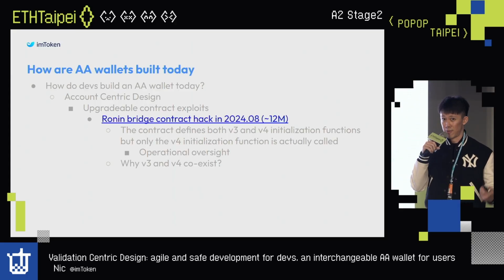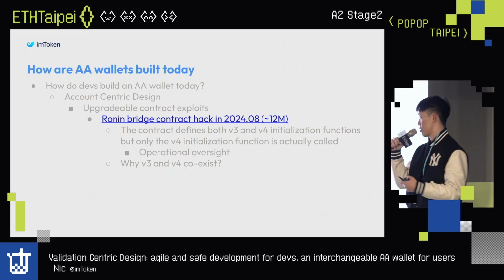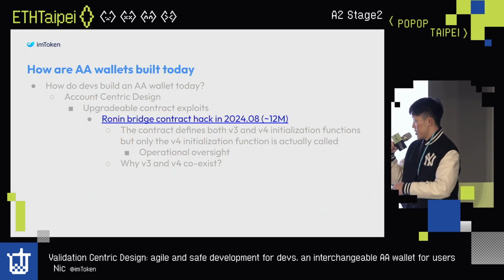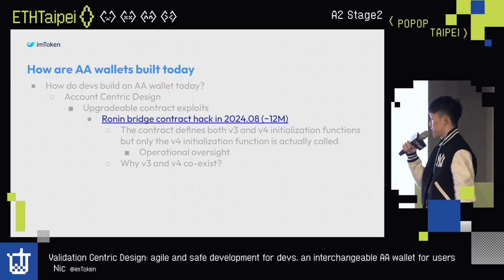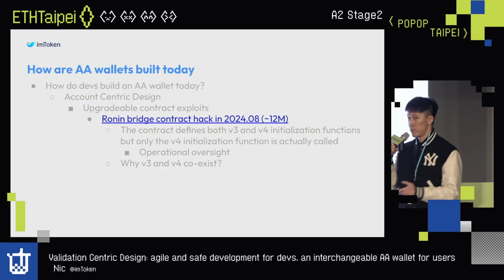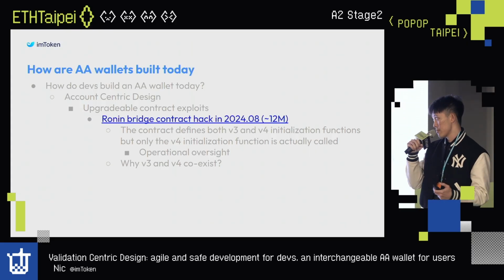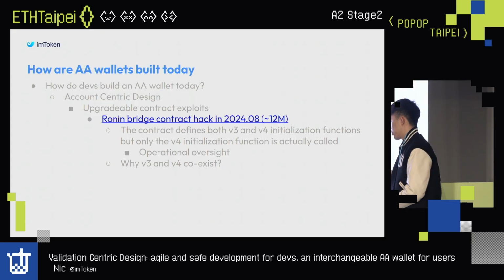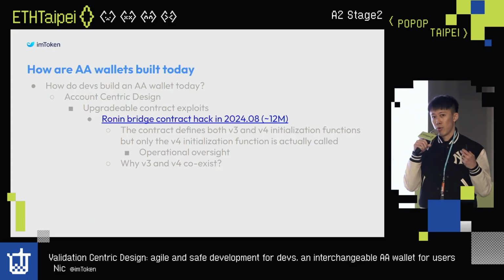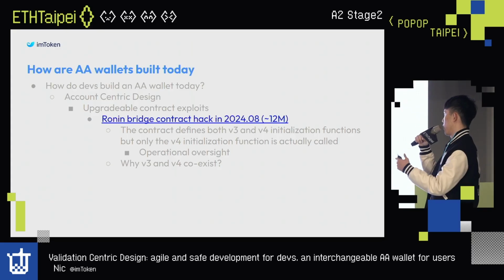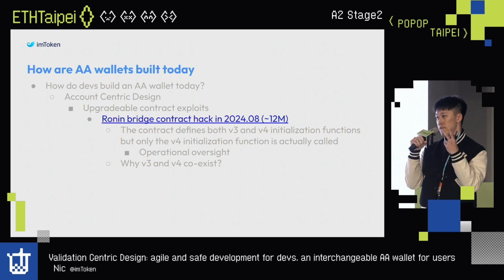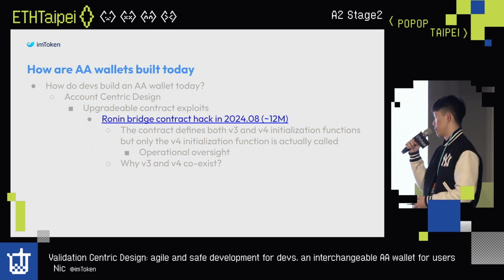Now, I'm going to share some thoughts about upgradable contracts. Use the last August exploit on the Ronin Bridge contract as an example, which is an upgradable contract. During its upgrade process, the Ronin Bridge contract defined two functions, the version 3 and version 4 initialization functions.